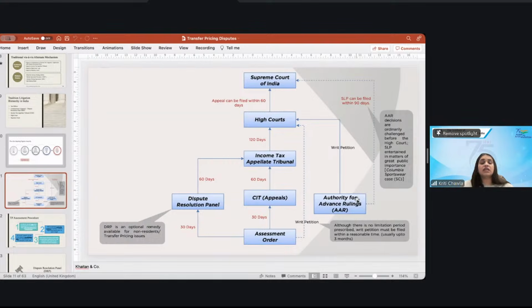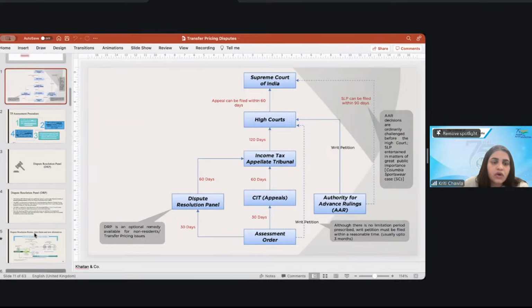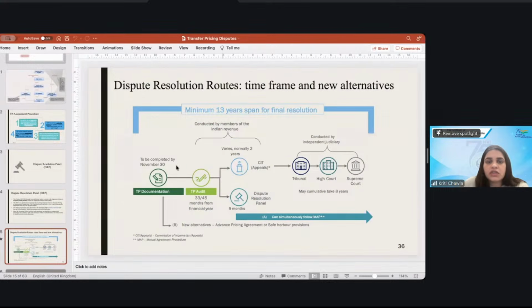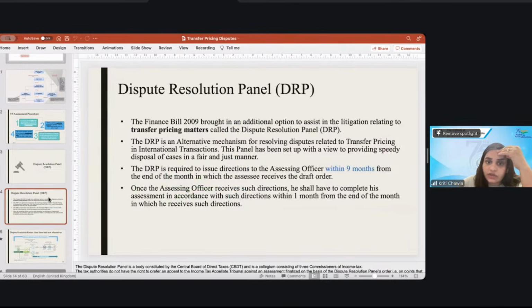It also talks about the authority for advance ruling, which is now the board for advance ruling. Now this is the slide that I wanted to display with respect to the dispute resolution panel. It is transfer pricing matters that can go to the dispute resolution panel, and it is an alternative mechanism for resolving transfer pricing disputes.